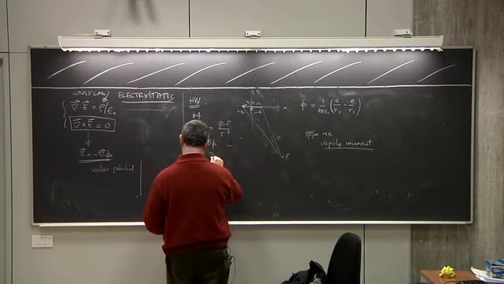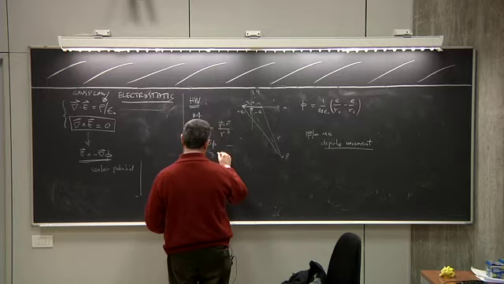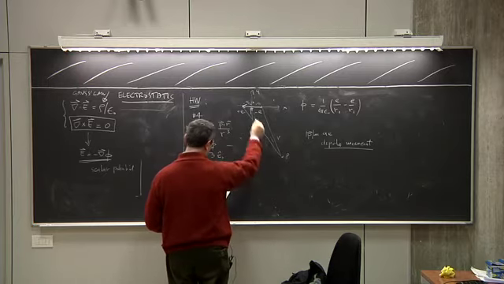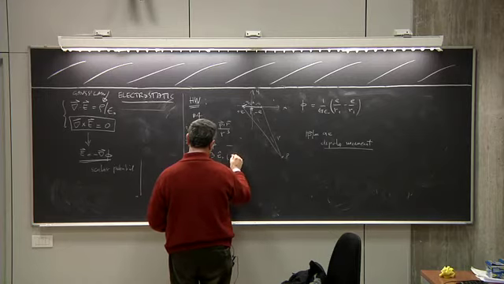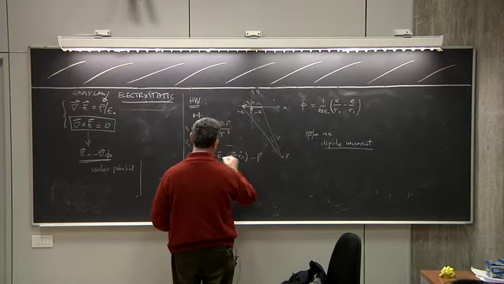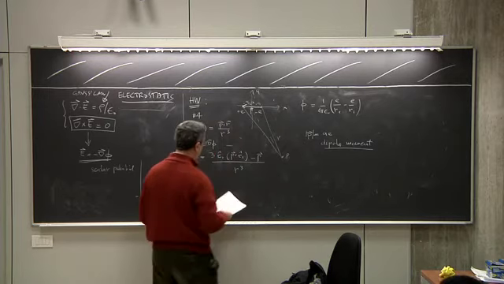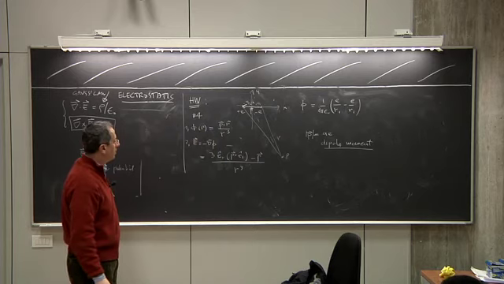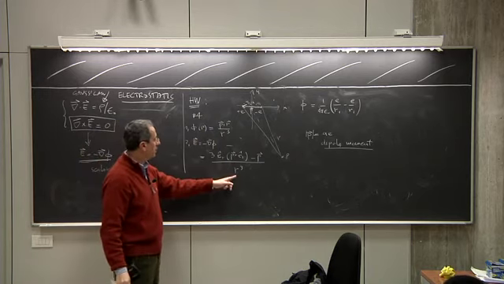I write it in this form, with E3. This is a unit vector in the direction of R, minus P. So this is the electric field that goes like a cube right here.